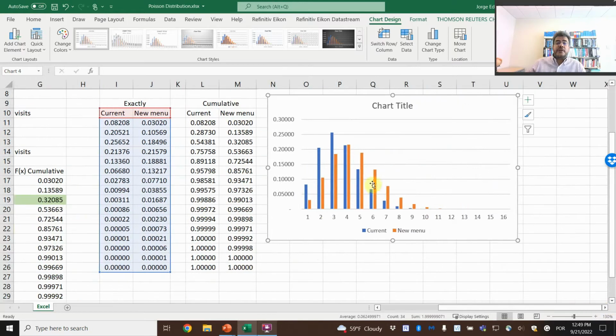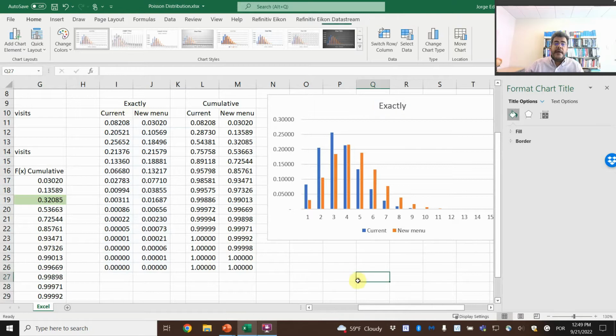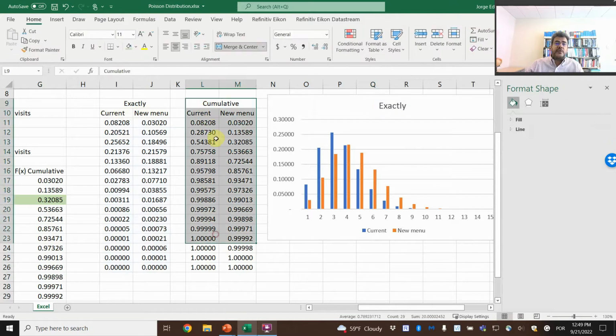So here's the chart title. See the new menu. My Poisson distribution is more to the right. And the more to the right, the better. So here we have the exactly, and then the cumulative that looks like a Pareto chart.